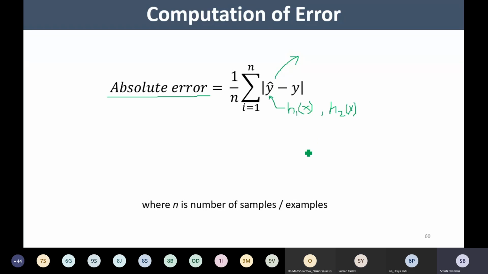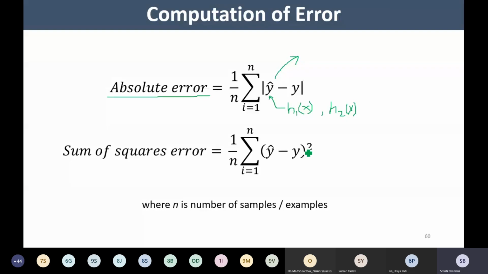Fine. So this is one way of computing the error with respect to the samples we may have. Another performance metric for computing the error is popularly known as the sum of square errors. There is only one difference. In the earlier metric we had the absolute difference between the predicted output and the actual output.